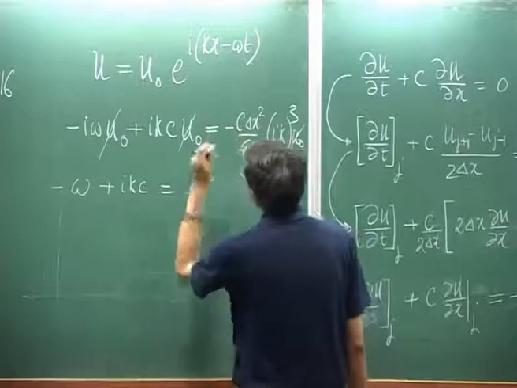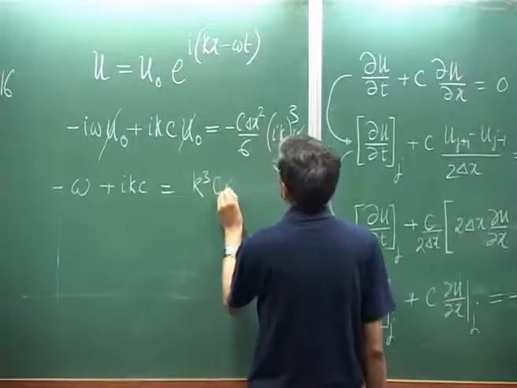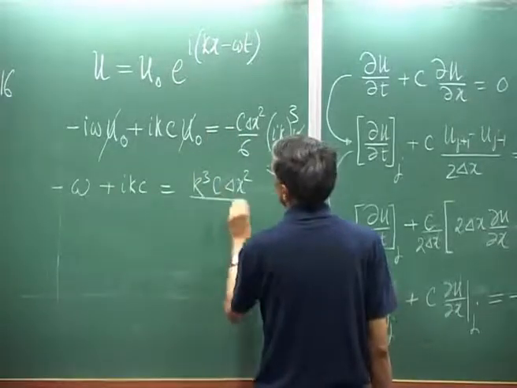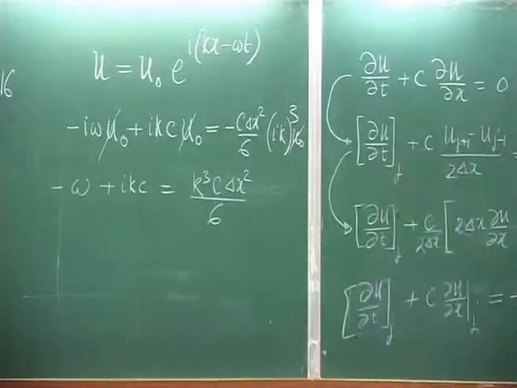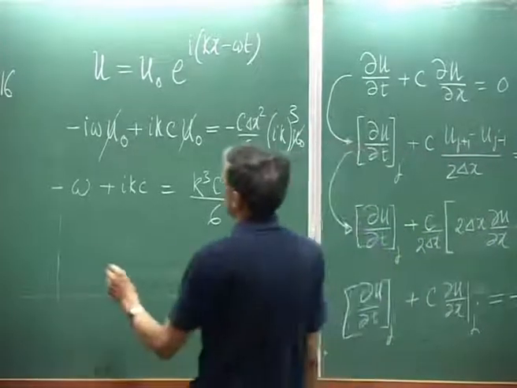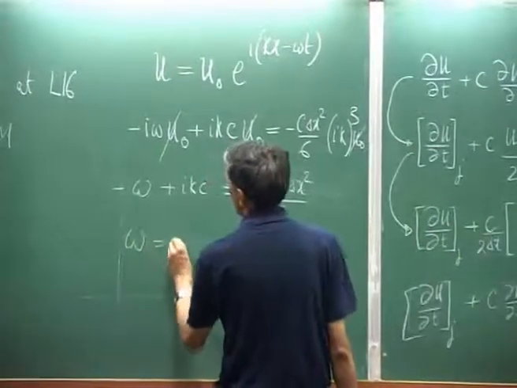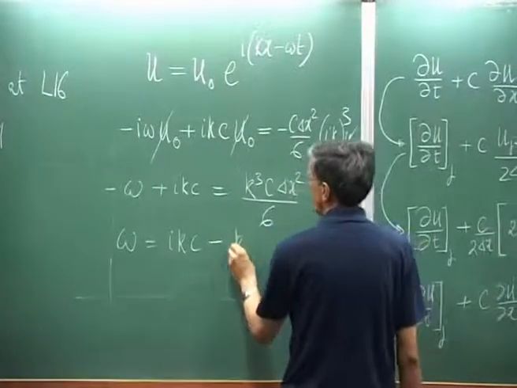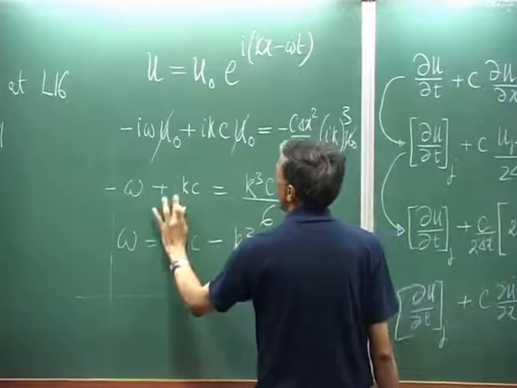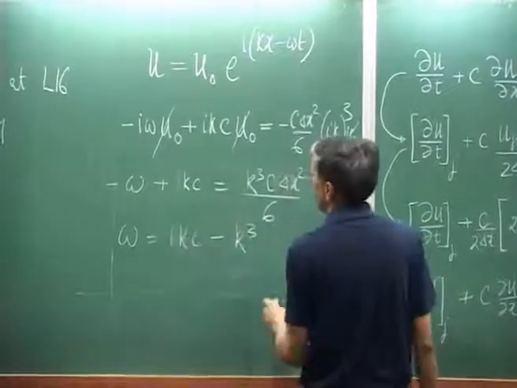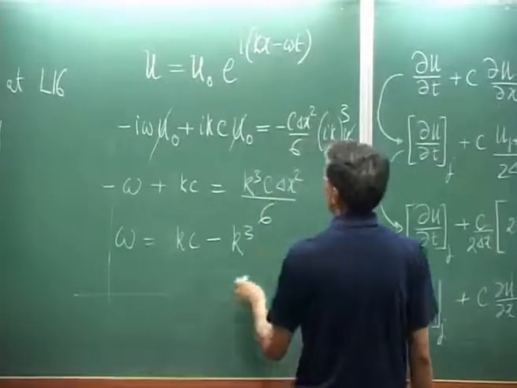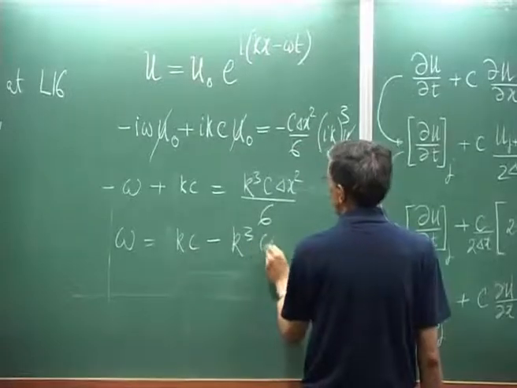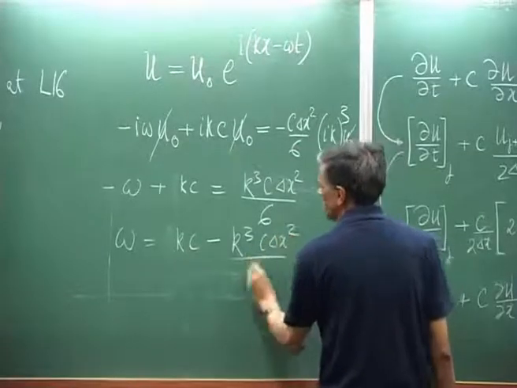Yeah, I square will take care of that. Right. So, what we get here then is omega equal to k c minus k cube c delta x square by 6, all the i's will go away.